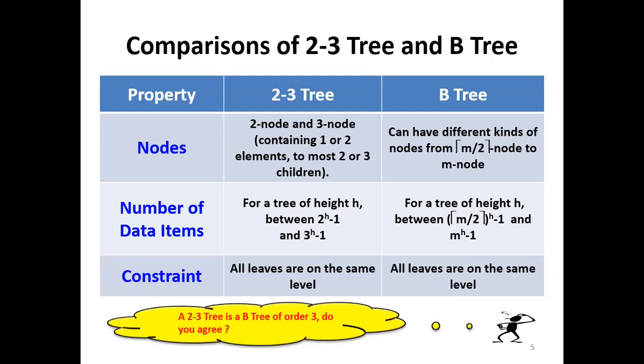If you look at how they are structured and the order of these two examples, a 2-3 tree and a B tree, you will realize that the 2-3 tree is a B tree of order 3. You might have a contrary view, but you can discuss that when we meet at the tutorial session.